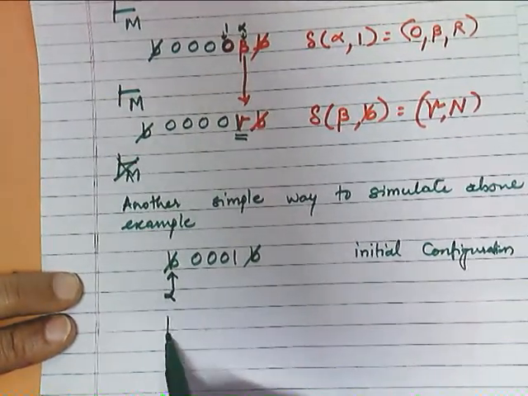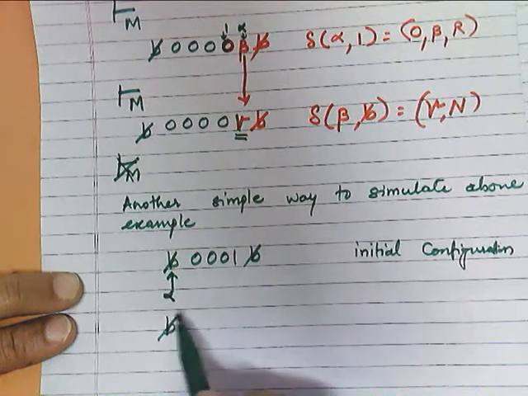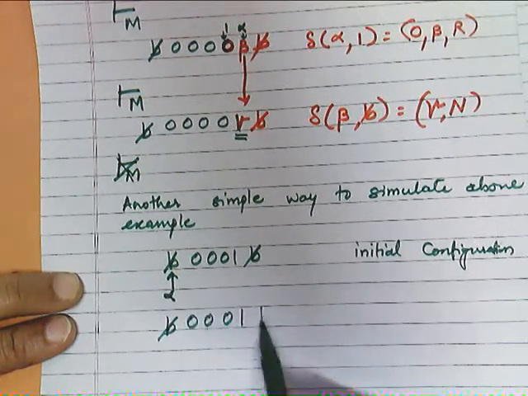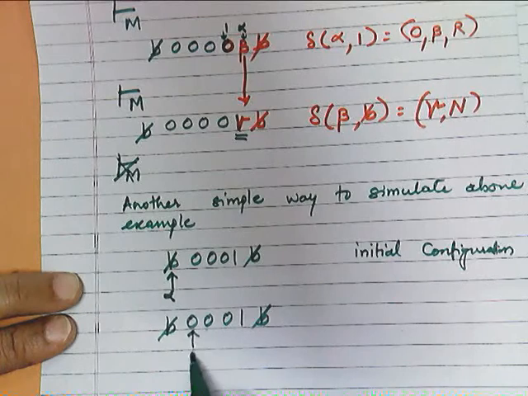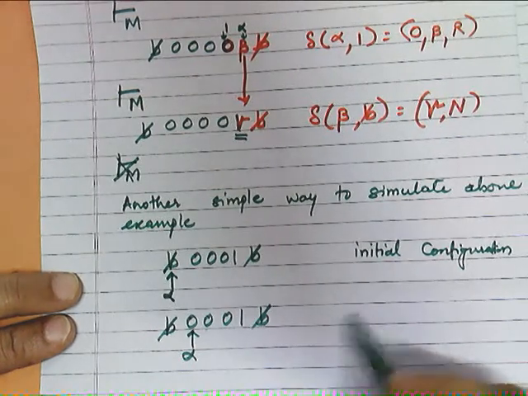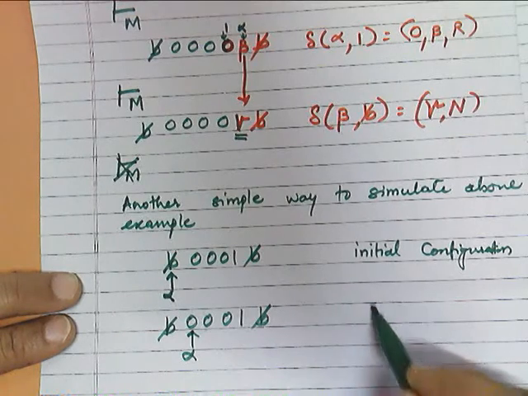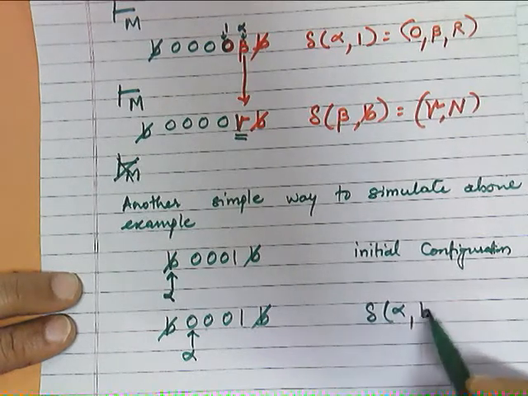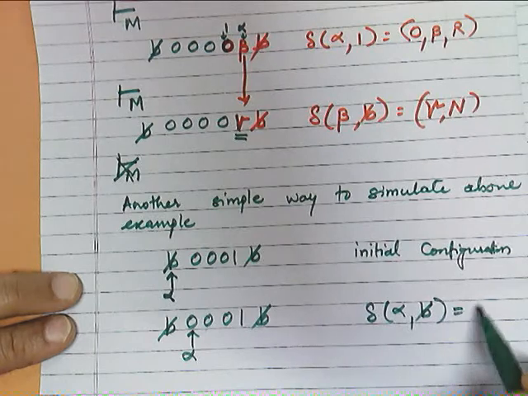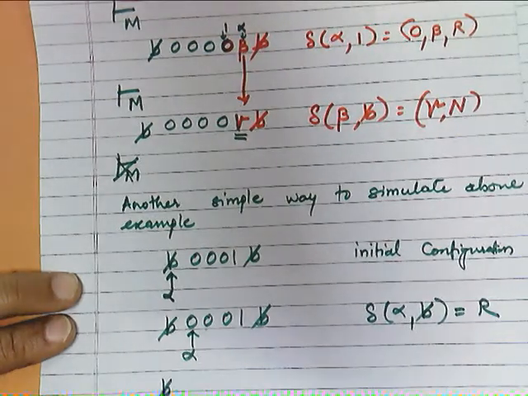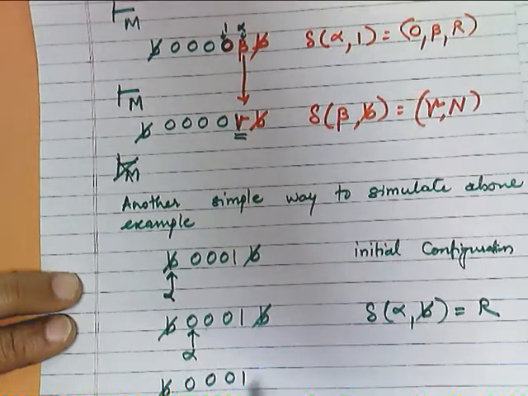Now in the next move, you will show it like this, where the head is moved and there is no change of state. So with the help of alpha and blank, it is moving towards right. Similarly next 0 0 0 1 blank.